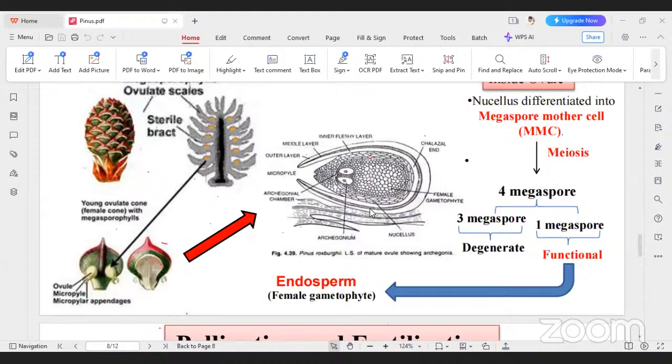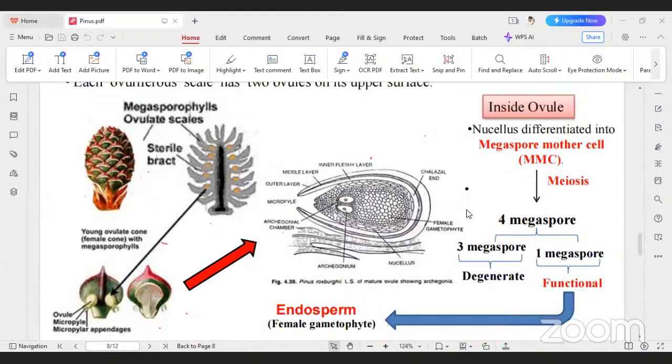Let's see what happens inside the ovule. The ovule has two parts: the integument and the nucellar cells.